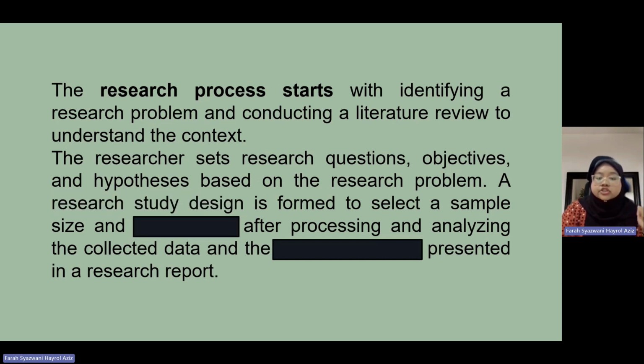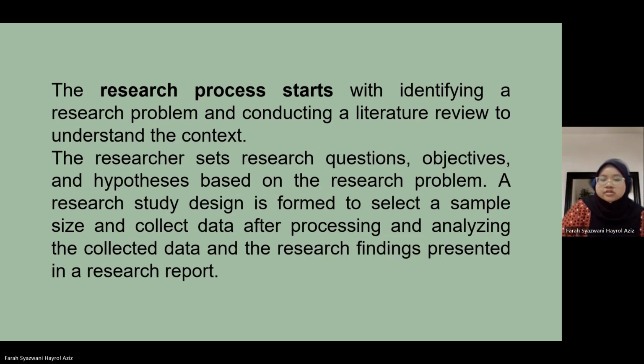Okay, a research study design is formed to select a sample size and collect data. After processing and analyzing the collected data, the research findings are presented in the research report.